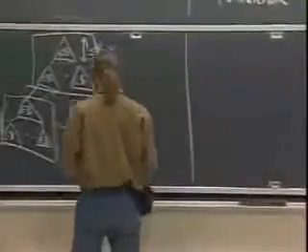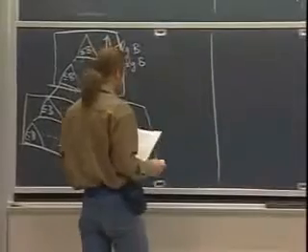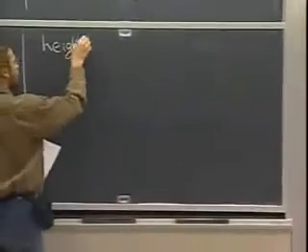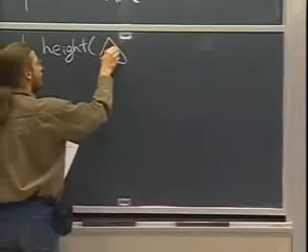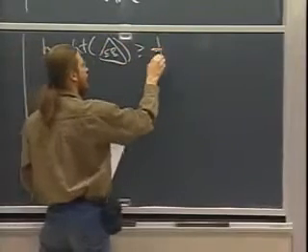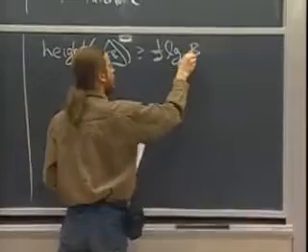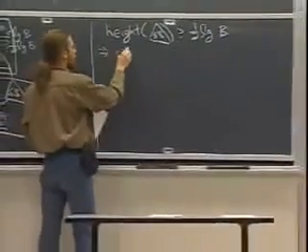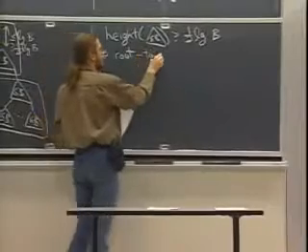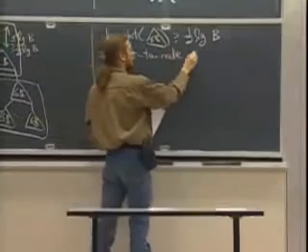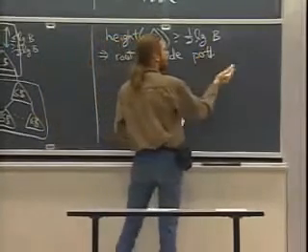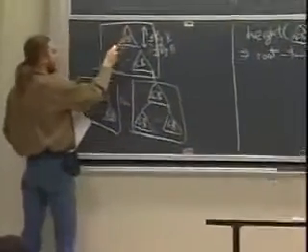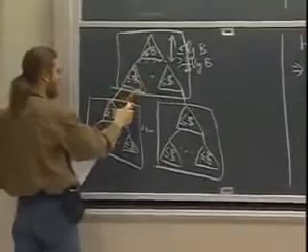So here's what we do. We know that the height of one of these triangles, of size at most b, is at least a half log b. And therefore, if you look at a search path, so when we do a search in this tree, we're going to start up here, and I'm going to mess up the diagram now. We follow some path.